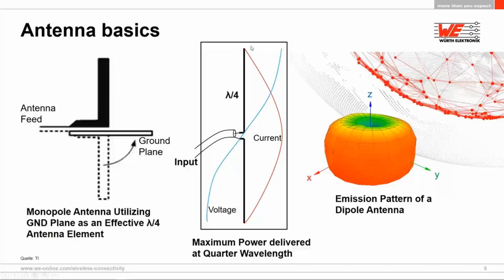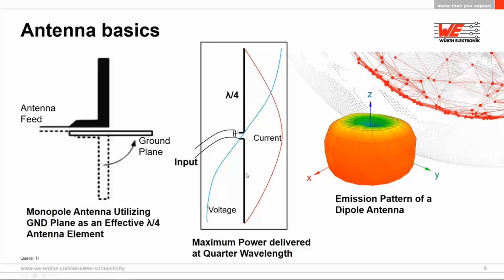The voltage should be a maximum at the points of the antenna and the current a maximum at the feeding side. And that is roughly the principle of how it works. And if you optimize this, you get the best radio transmission. Now, the right-hand side, this lovely little red donut, is a symbolic representation of the direction of transmission of a dipole antenna.